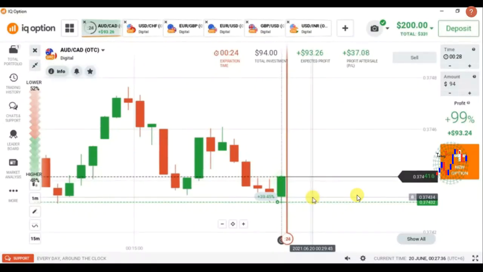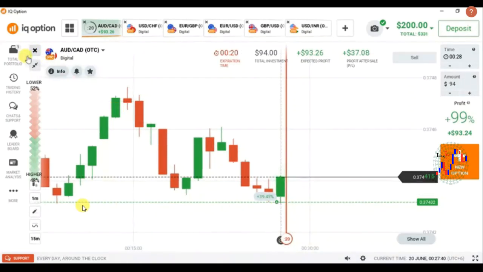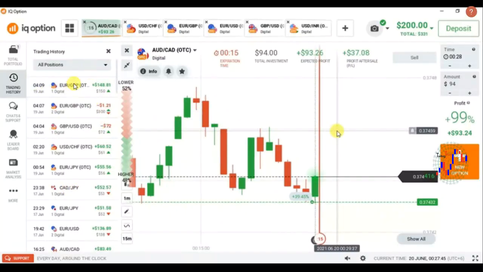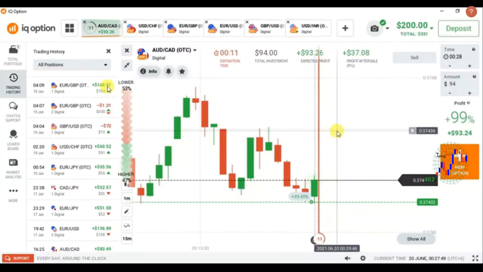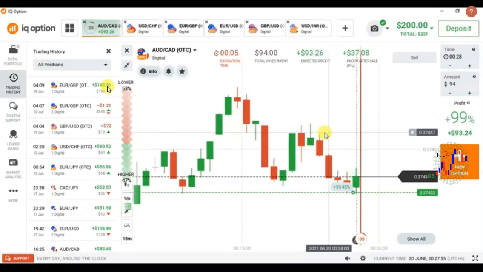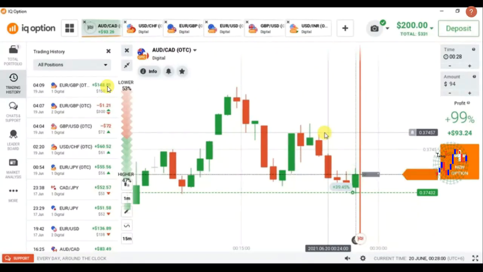I hope I will win this trade, and I'm expecting this candle will copy this candle. You can see after this trade I have made a withdrawal, and after the withdrawal this is my first trade. Okay, it's a winning trade.